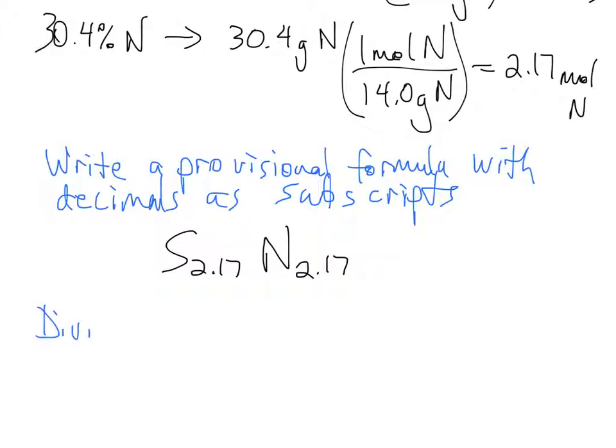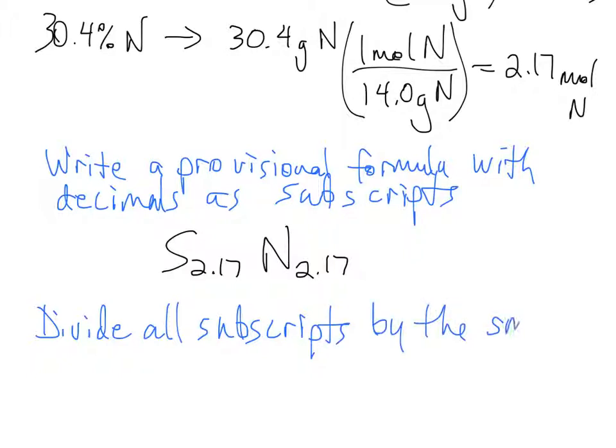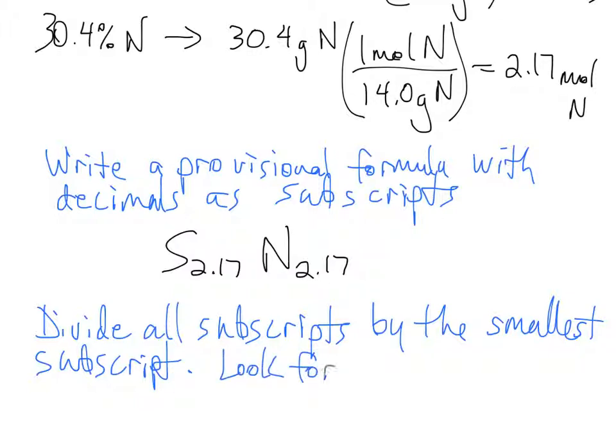Next, we divide all of the subscripts in that provisional formula by the smallest of the subscripts. And after doing that division, look for whole number ratios.